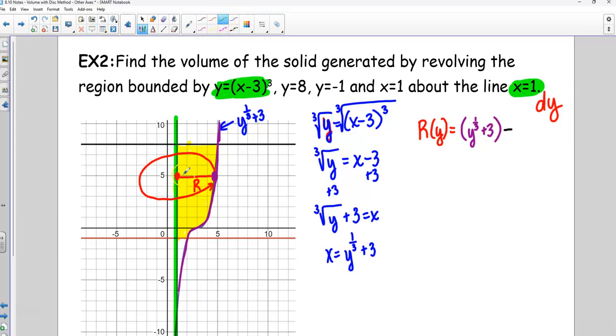Then the left side of that radius is here. What value do I have on that left side? It's 1 right there. And that second part, because we'll always be rotating around a vertical or horizontal line, for today, that's always going to be a whole number. It's not going to be another equation. So I would just simplify a little bit here. Capital R of y is going to equal y to the 1/3 plus 2. Just putting that 3 and that -1 together.